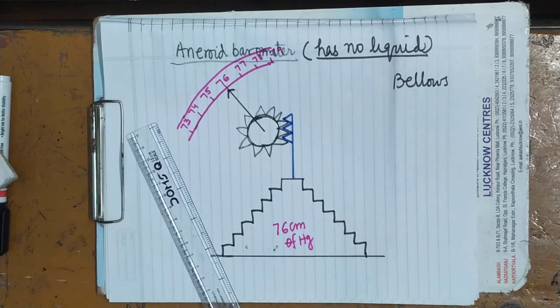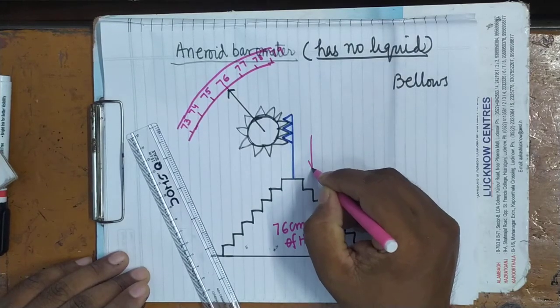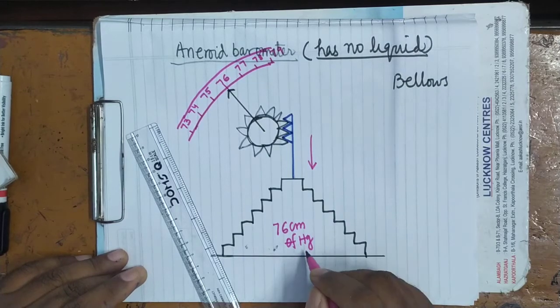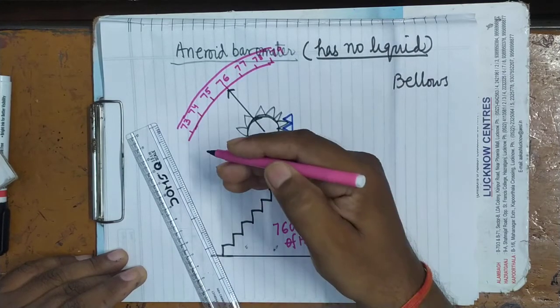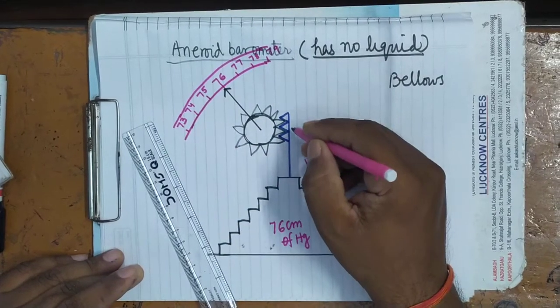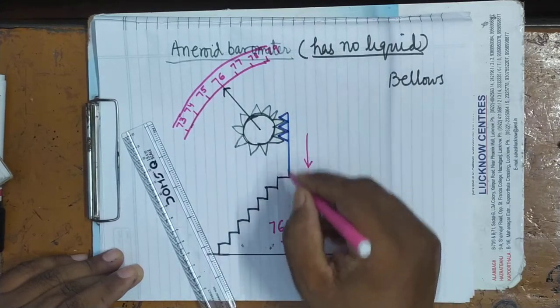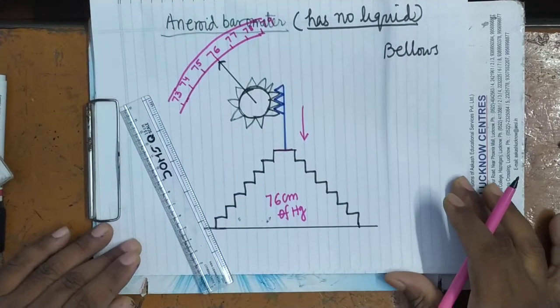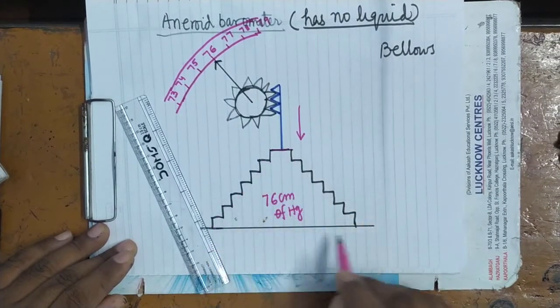Now suppose the pressure becomes more than atmospheric pressure. Then what will happen? From outside there will be greater pressure, while from inside there will be less pressure. So it will compress. When it compresses, the vertical rod which is fixed with the top of this bellows will move down.